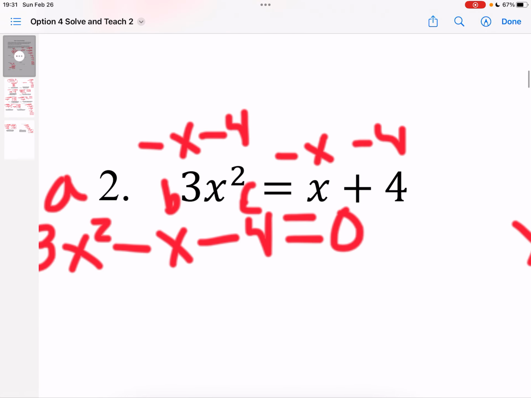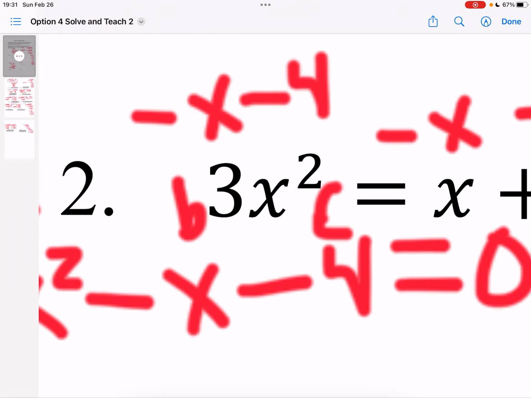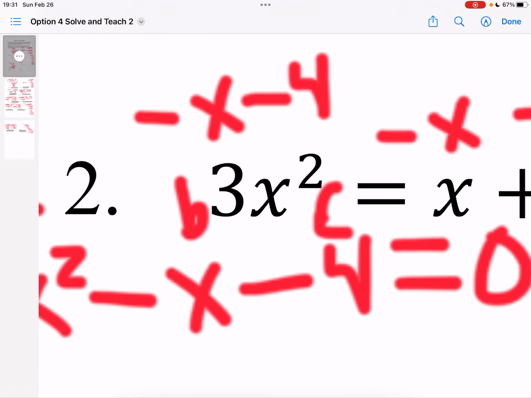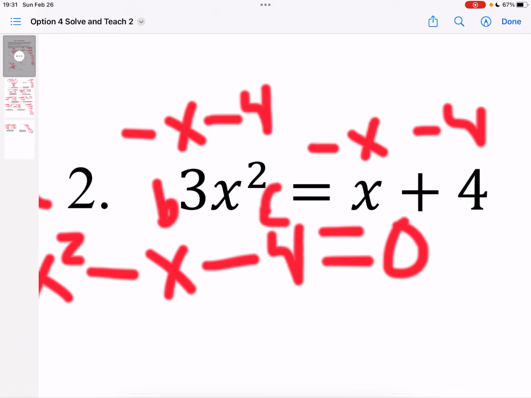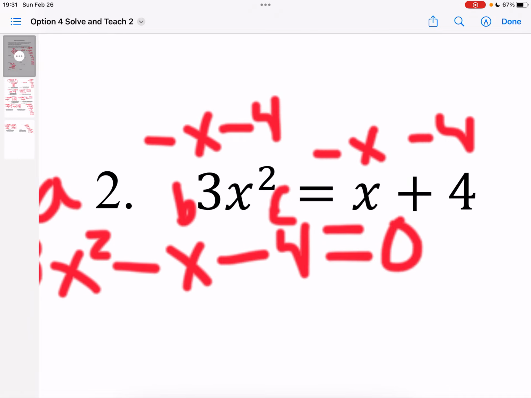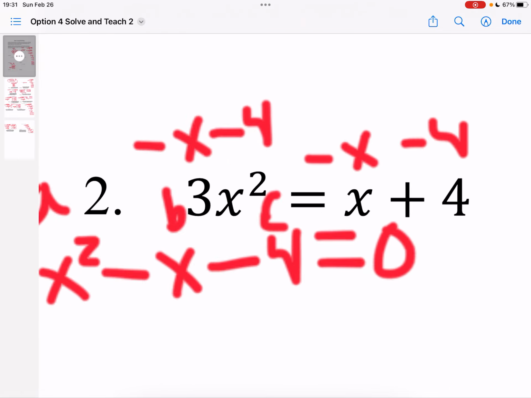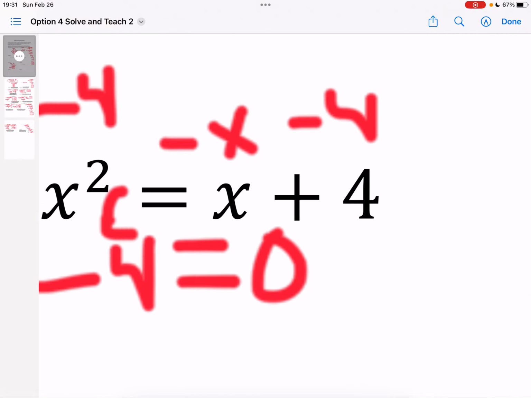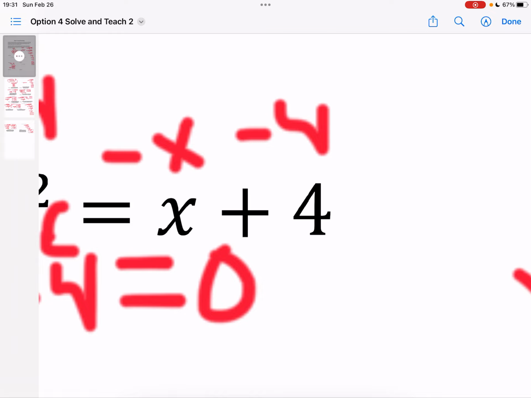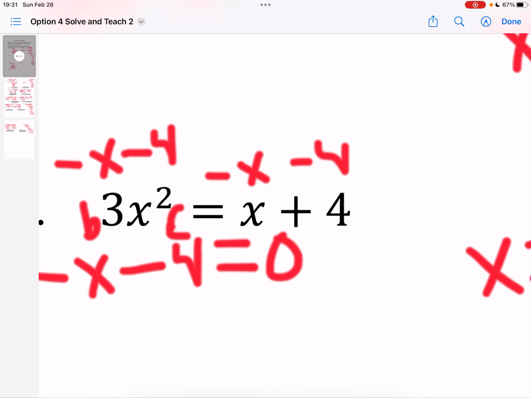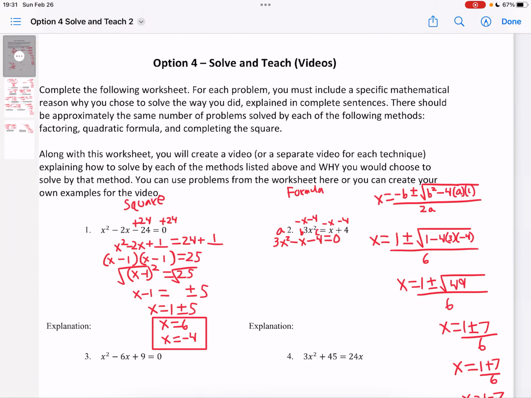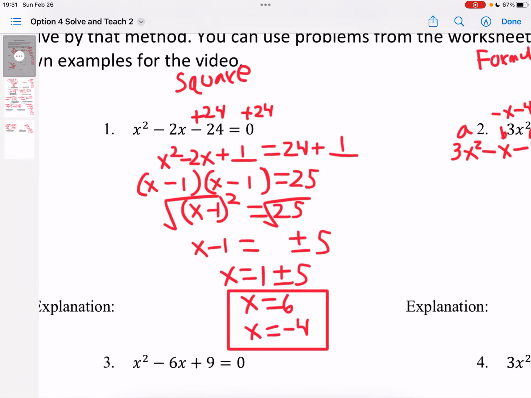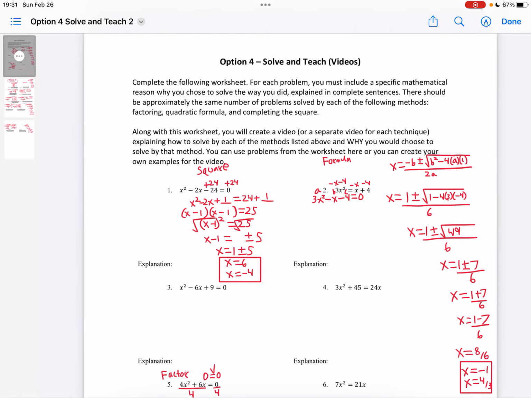If your x squared has a number in front of it, higher than 1 or less than 1, and you'd have to divide or multiply the other numbers, right? But if those other numbers end up going into fractions, it'll be increasingly difficult to solve by completing the square or factoring.